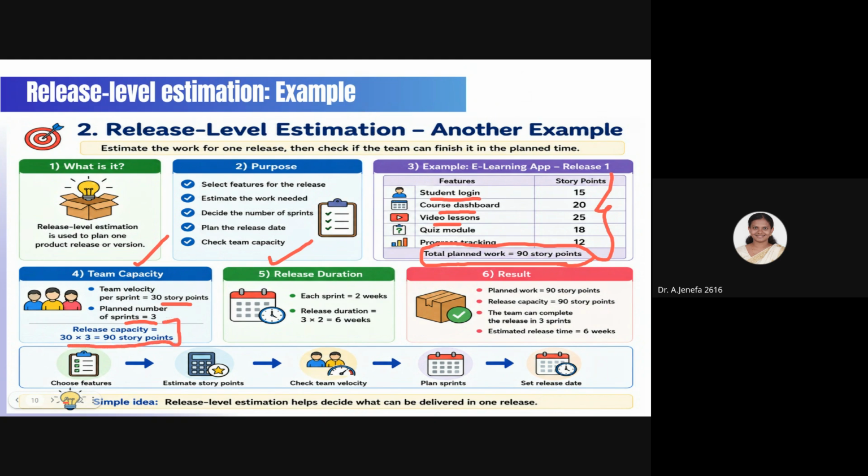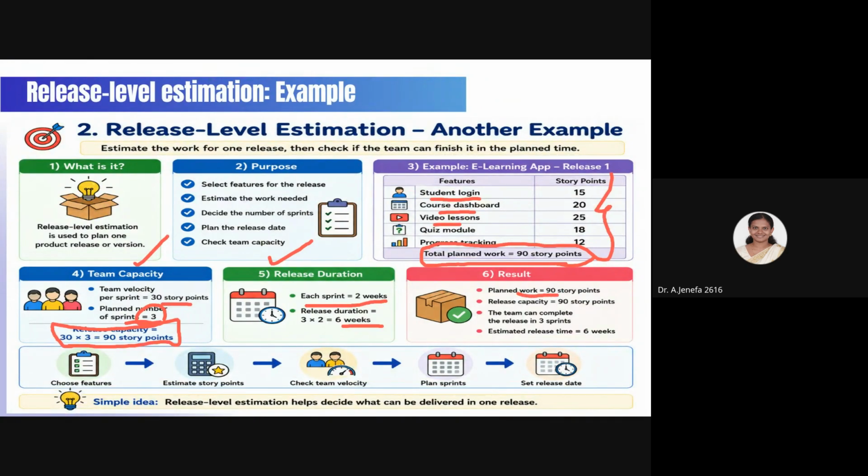So the release capacity is 90 story points. And the next one is release duration. Each sprint takes 2 weeks. How many sprints are given here? 3. If each sprint takes 2 weeks, then 3 into 2 is 6 weeks.